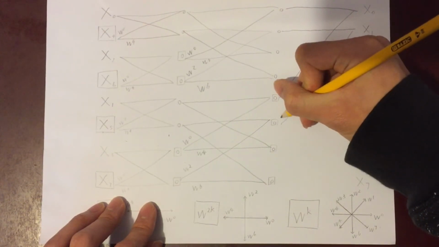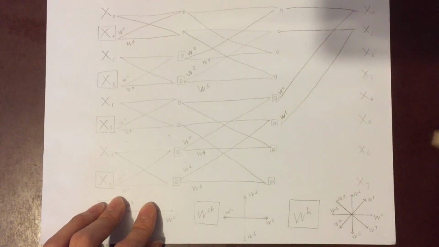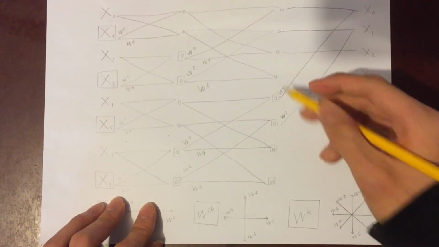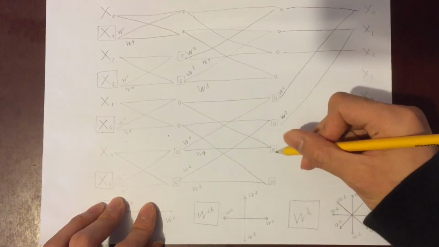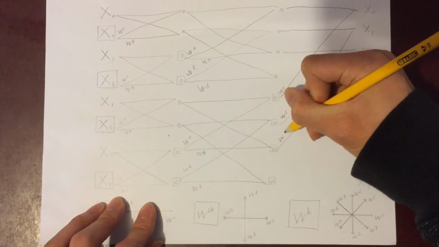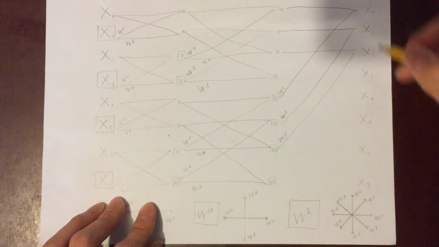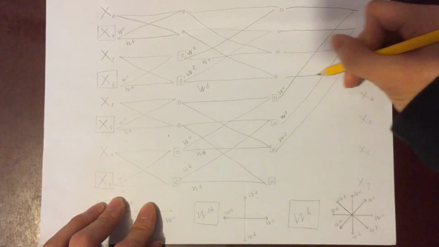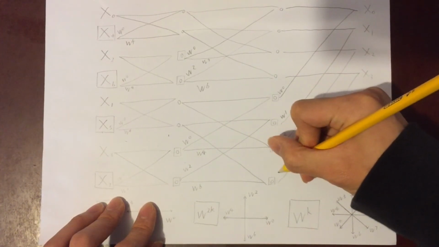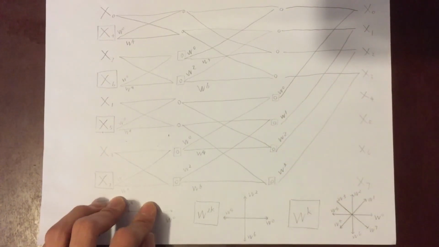And w to the 1, yeah. K is equal to 2, w to the 2, yeah. And last, k equal to 3. So w to the 3.